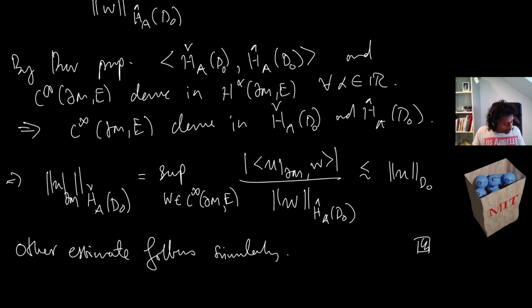Maybe just to rehash, if I could take a couple of minutes: the point today was we understood the spectral theory of the operator A by understanding the structure of its principal symbol.